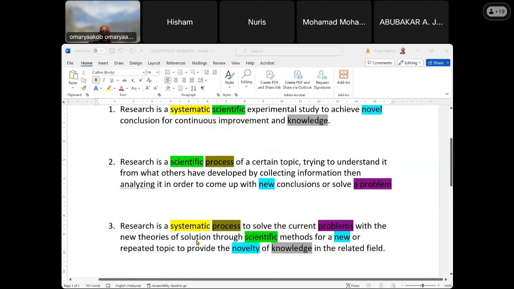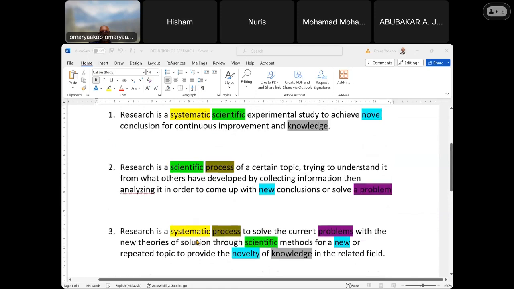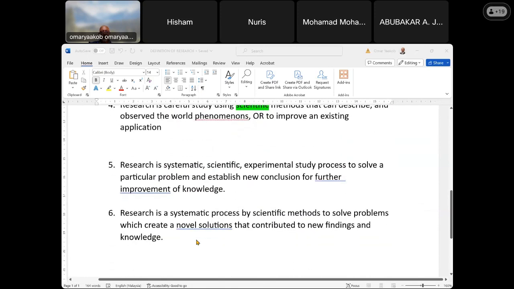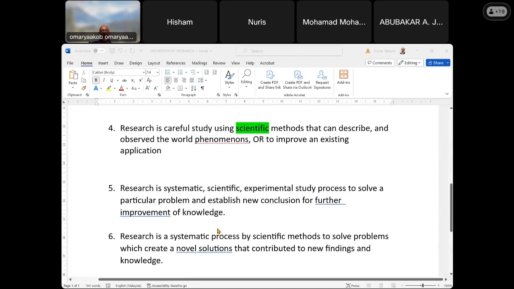Let me see 4, 5, 6, 5 and 6. I already shared this in the group and also in the Google Drive, so you should have looked at it. And I thought today you had already agreed on this, maybe you discussed in the group.